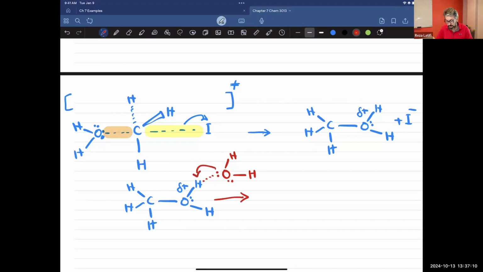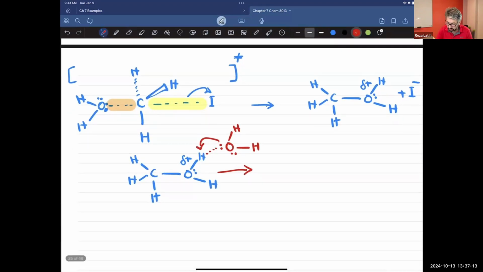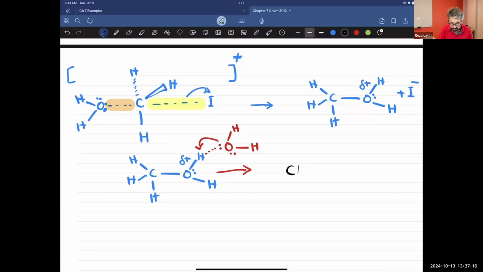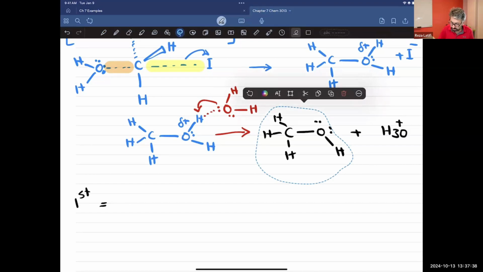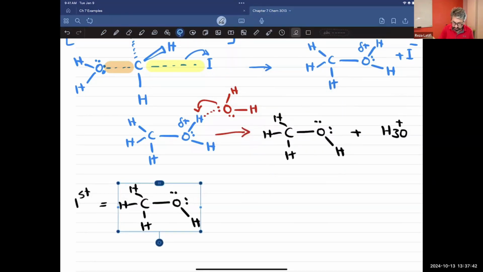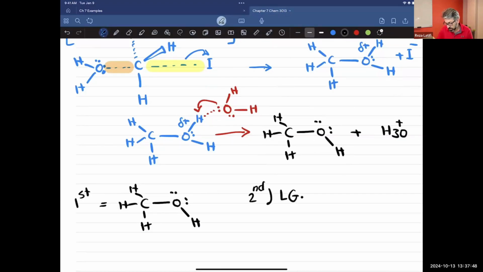Those lone pairs will take the hydrogen, and at the end we get CH3OH, plus we get the hydrogen back. So the first product will be the alcohol, and the second product is the leaving group, which is I minus. So we get two products, alcohol plus iodide.